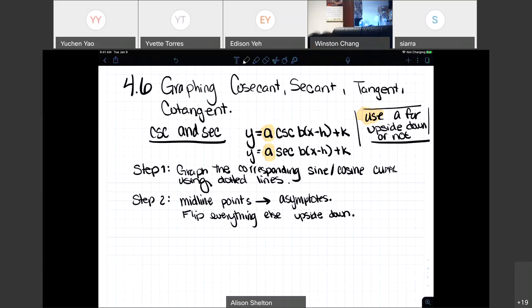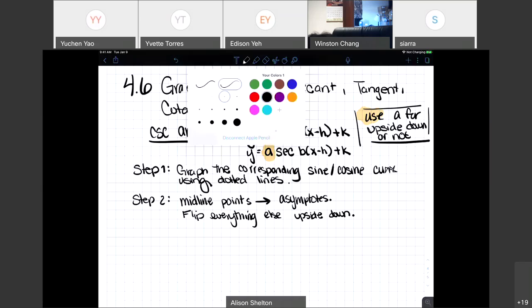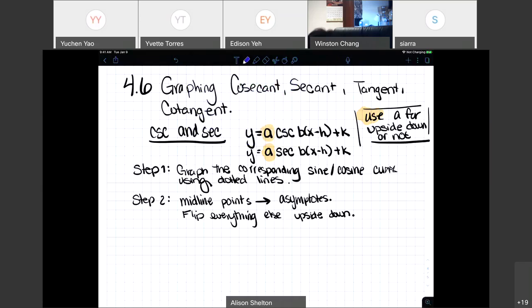Whether or not that makes sense, hopefully with the example, it'll be clear to you. And if not, please let me know. Our example is going to be to graph y equals -4 cosecant of 3 times x minus pi over 8 plus 6.